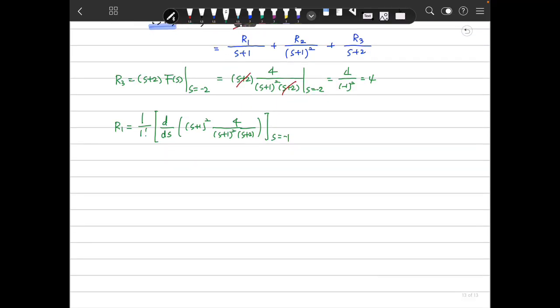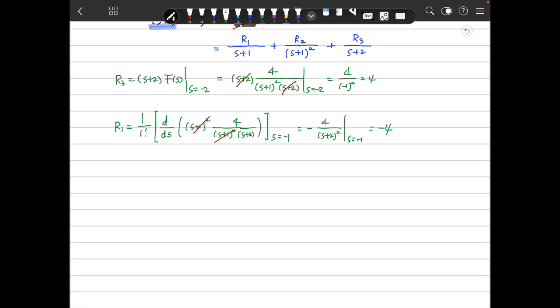Then it will be minus 4 over (s plus 2) squared, with s equal to minus 1, so there will be minus 4.